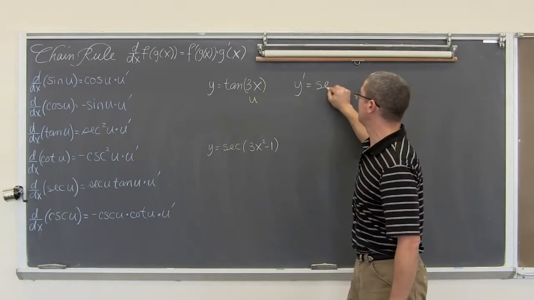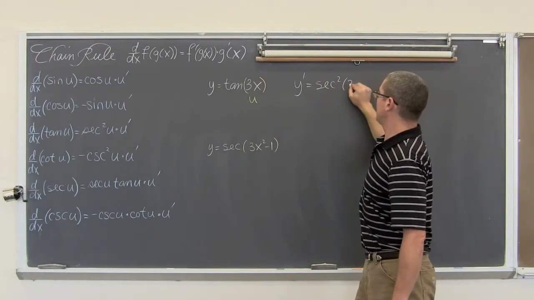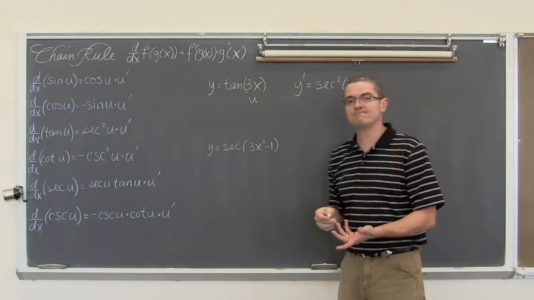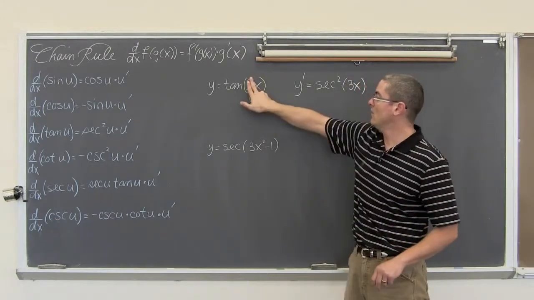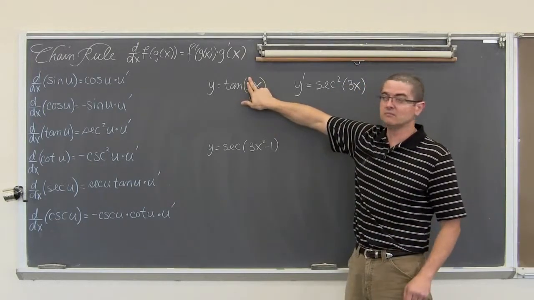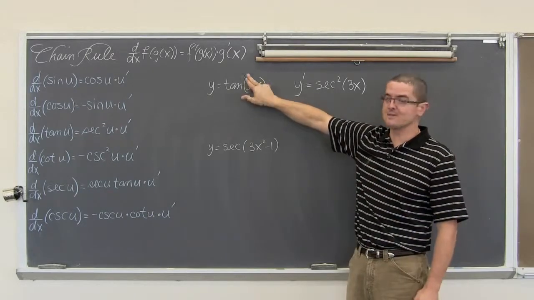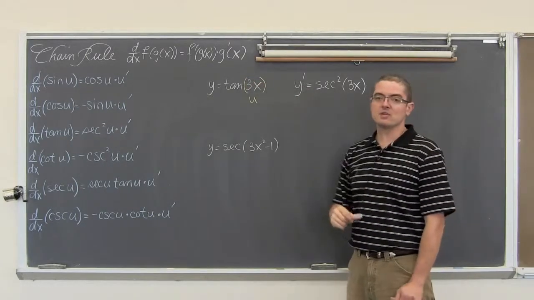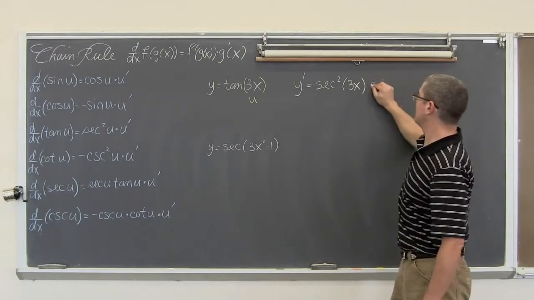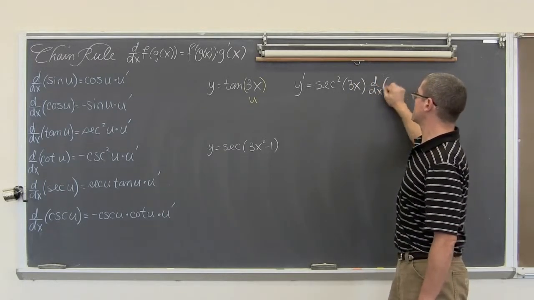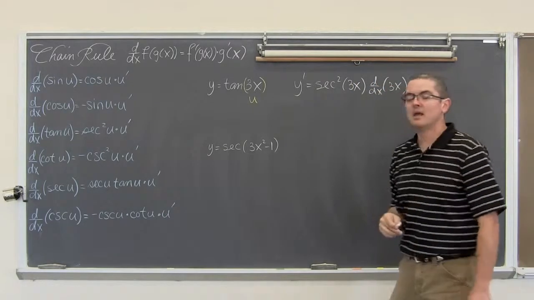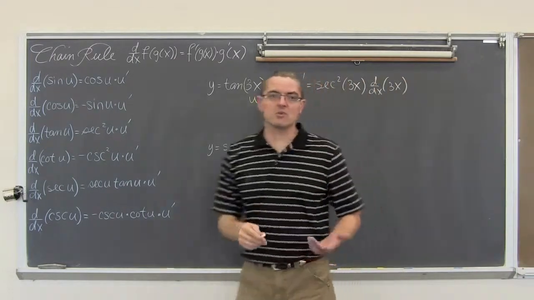So it's going to be the secant squared of 3x. Before, it was just: what's the derivative of tangent? Secant squared x. But now we have an inside function of 3x, so we're going to have to find the derivative with respect to x of 3x. Of course, we're just learning this, so I'm showing you all the steps.